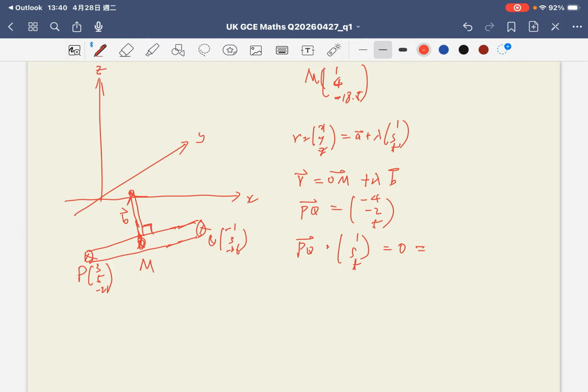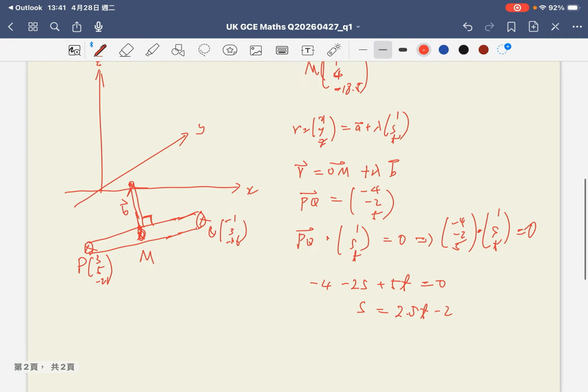That means (-4, -2, 5) dot (1, s, t) equals 0. That is -4 - 2s + 5t = 0. Then make s the subject, and you can see that s = 2.5t - 2. Then we have finished part A.